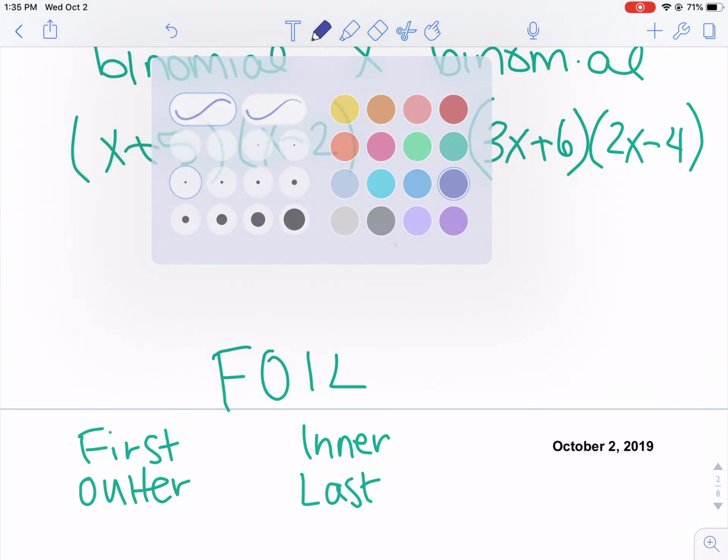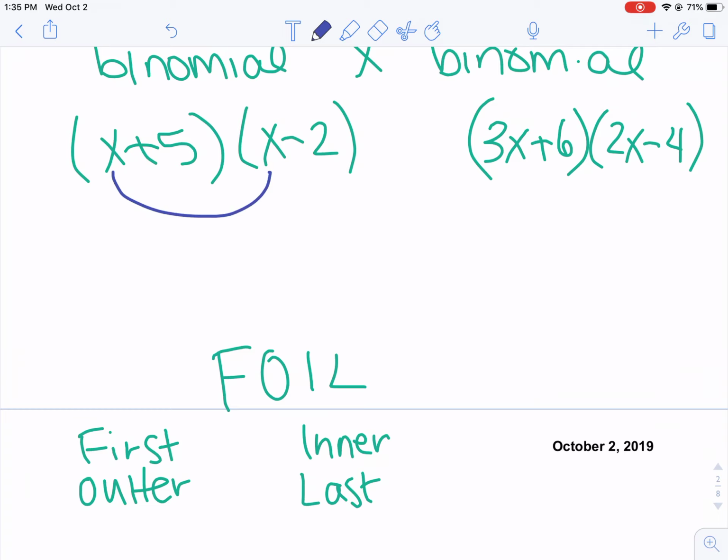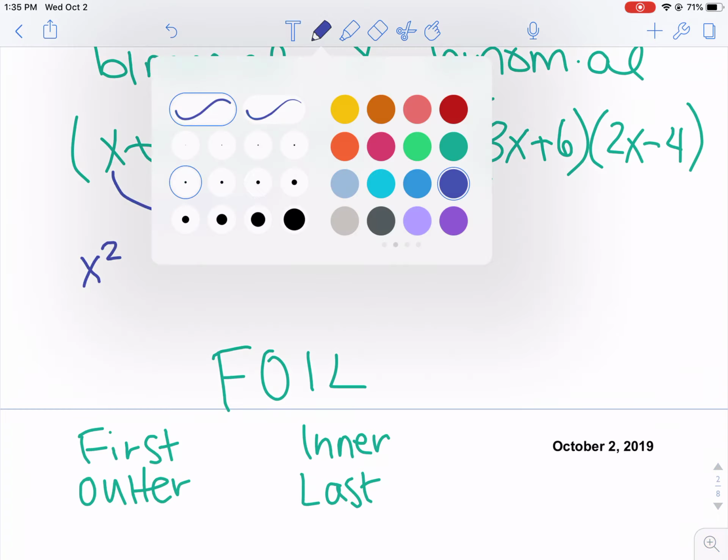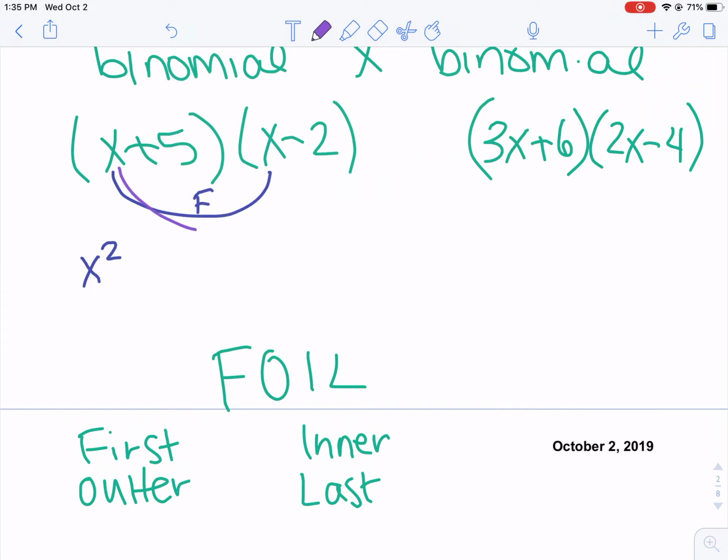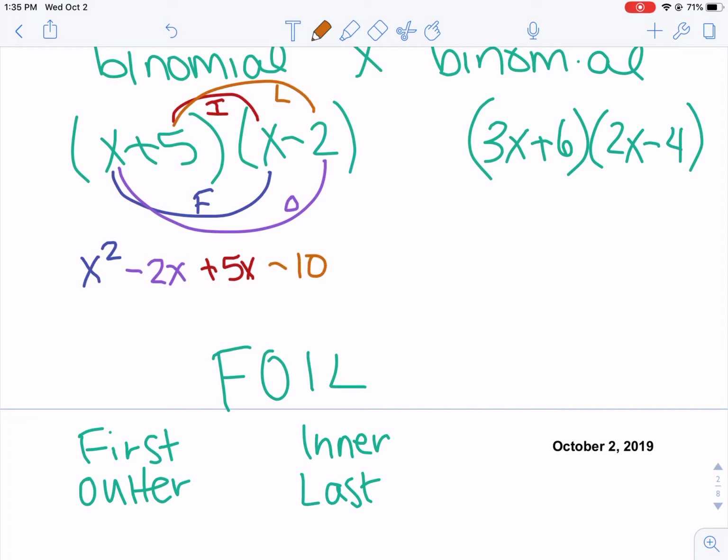If I'm multiplying these, I do the first terms, so x times x is x squared. Then I do the outside terms, so x times -2 is -2x. Then I do the inside terms, so 5 times x is 5x. And then I do my last terms, so 5 times negative 2 is negative 10.